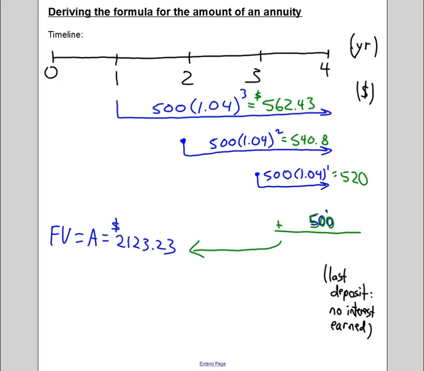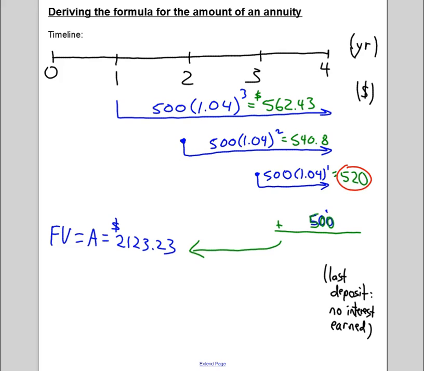Now, if we look at those a little closer, let's look at our table. We saw 520 with a $20 interest earned early on. We saw $540.80 with $40.80 earned, and we also saw a $562.43 amount for the later investments.